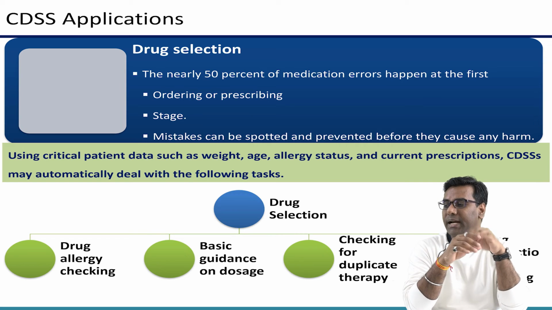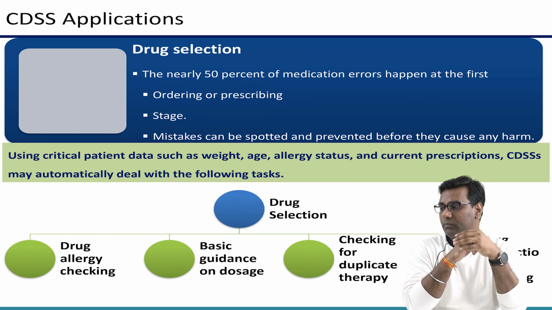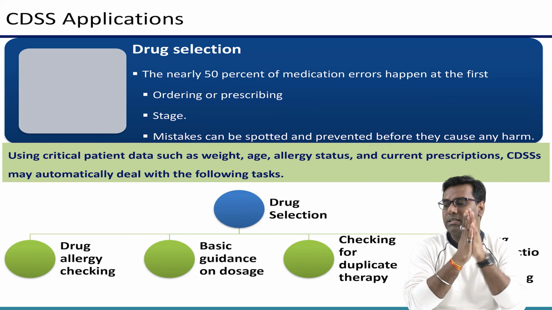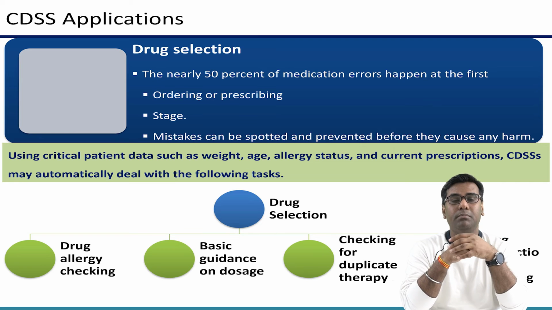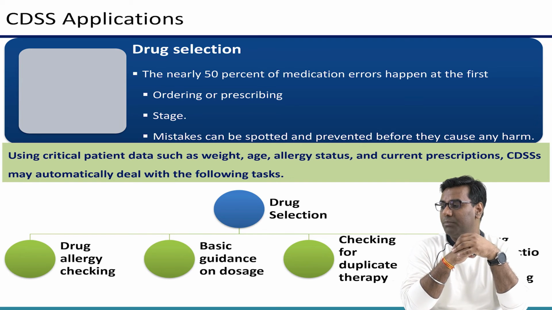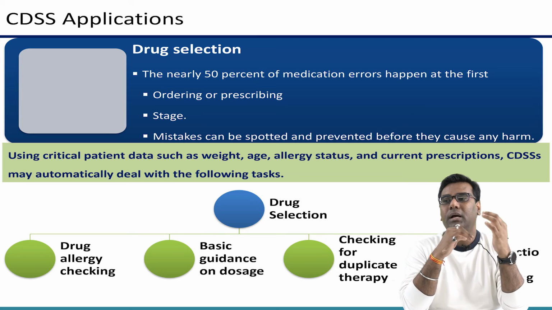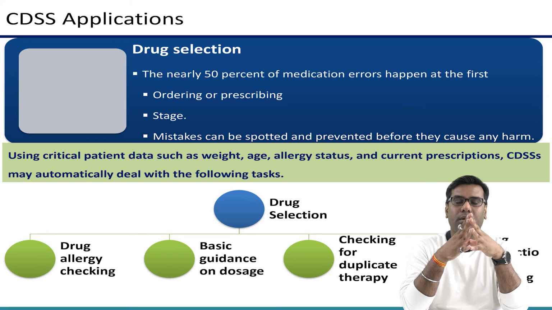Besides that, a lot more people suffer complications caused by inappropriate medicines, ill-judged doses and drug incompatibility, increasing the treatment cost by over 50 million a year. The good news is that nearly 50% of medication errors happen at the first ordering or prescribing stage, and mistakes can be spotted and prevented before they cause harm.